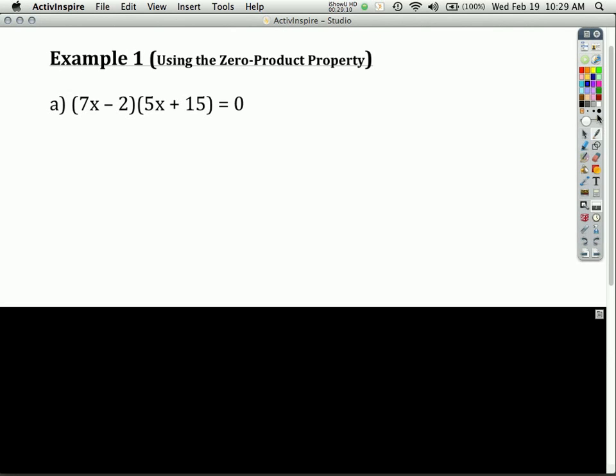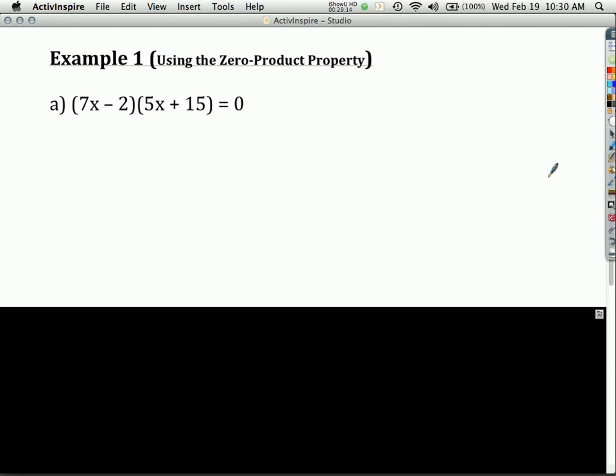Before we do, I want to do something that I don't want you to copy. But I just want to demonstrate something that we could do if we wanted to. Here's a binomial times a binomial. I could now FOIL it if I wanted to. Okay, 7x times 5x, 35x squared. The outer is 7x times 15, that's 105x.